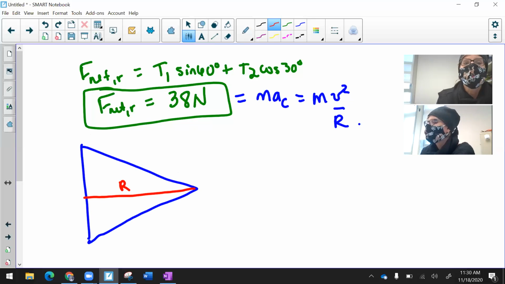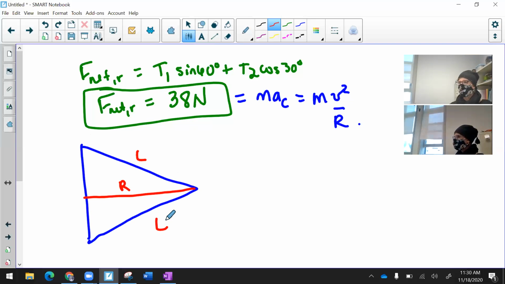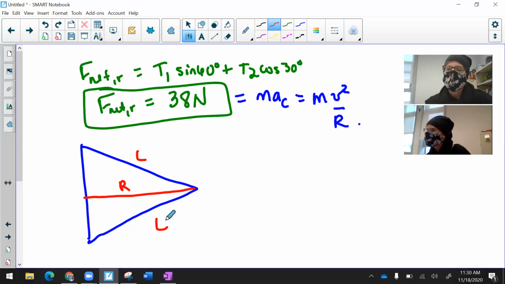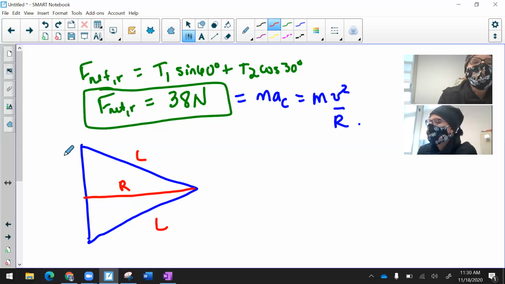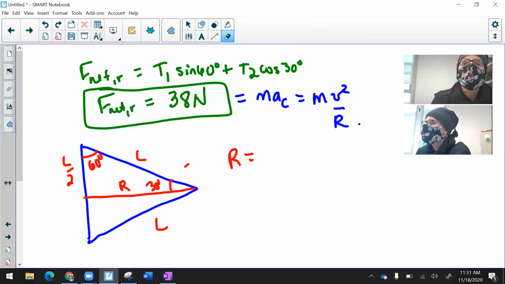And it's important to remember that it's the perpendicular distance, which will be the shortest distance from the object to that axis that it's rotating around. And of course, this will be L over 2. What's this angle up here going to be? 60. Okay, this is going to be 30. So you figure out what R is equal to. Use your geometry skills.